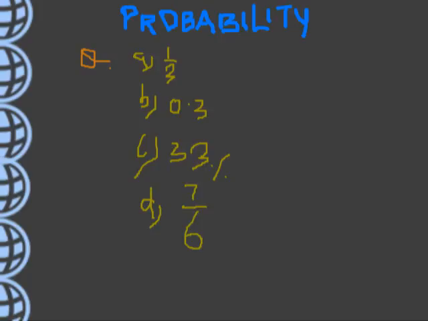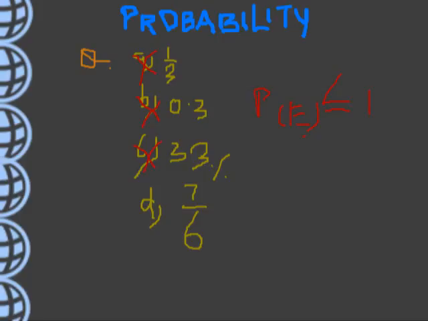Here, what will be the probability of an event? The probability of an event is always between 0 and 1. 1 by 3 is less than 1, so this will not be the answer. 0.3 is also less than 1, so this also will not be the answer. 33%, if we calculate, is also less than 1, so this is also not the answer.